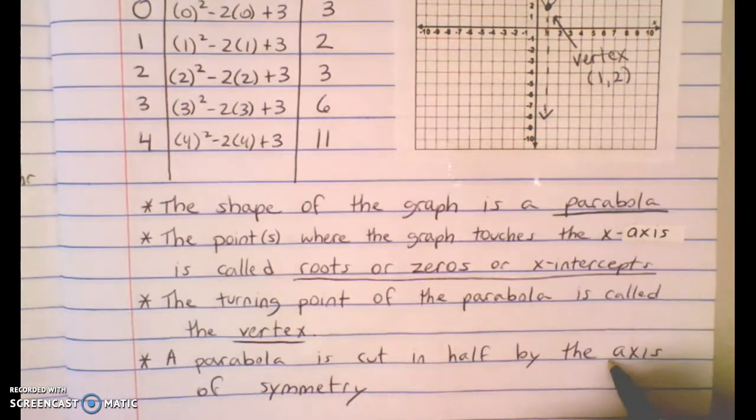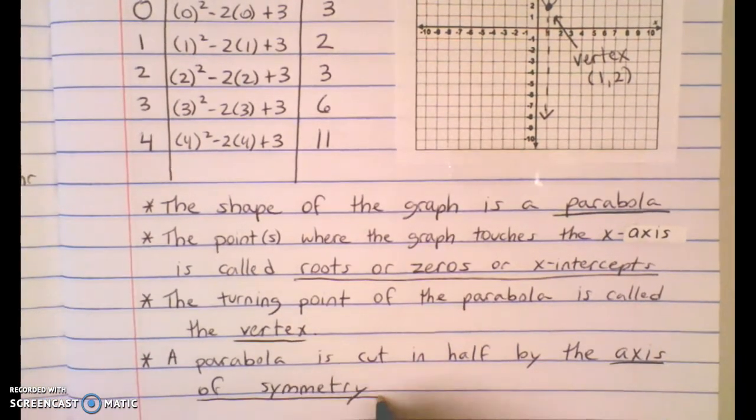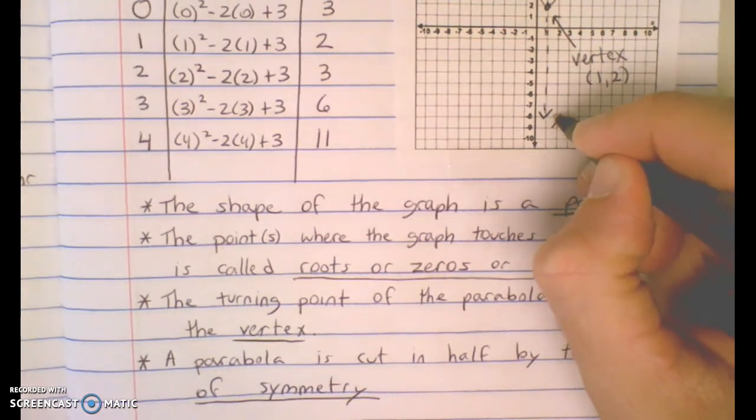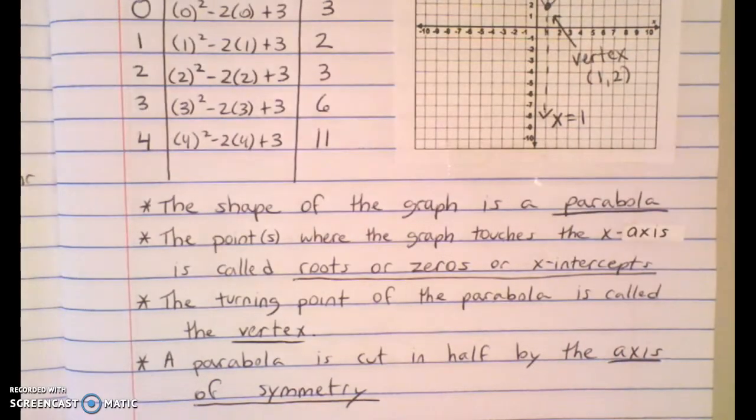In this problem our axis of symmetry, and I can just write it as an equation, is x equals 1. So whatever the x value is of your vertex, that's your axis of symmetry. It's cutting it in half.